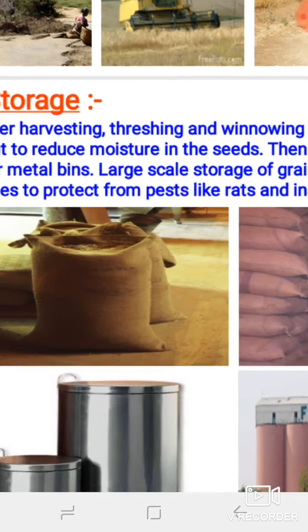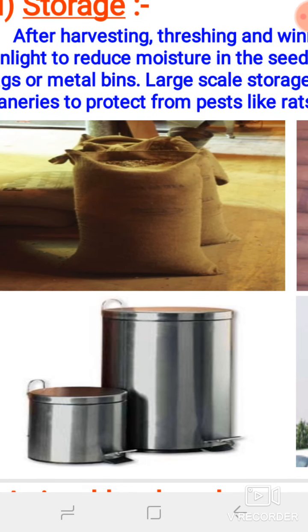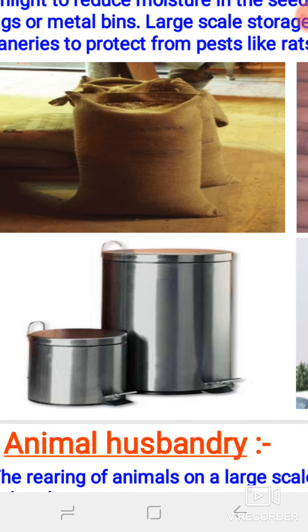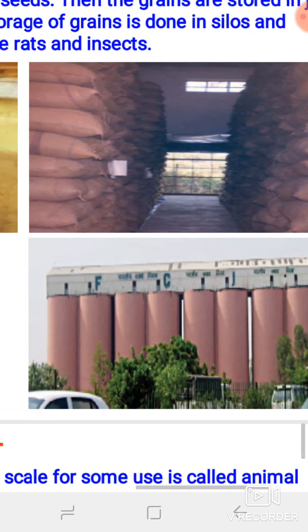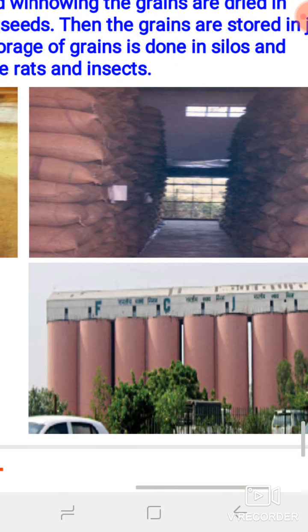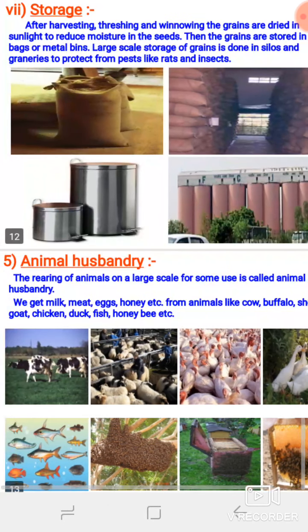Large jute bags are here in which we can store the seeds, and some other storage articles are also represented here, like the granary and warehouses, where we can store these crop seeds.